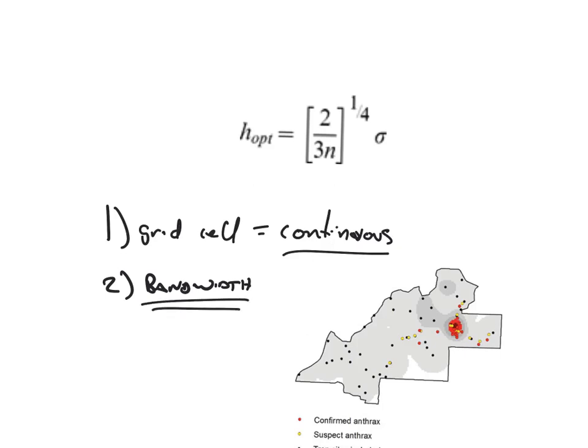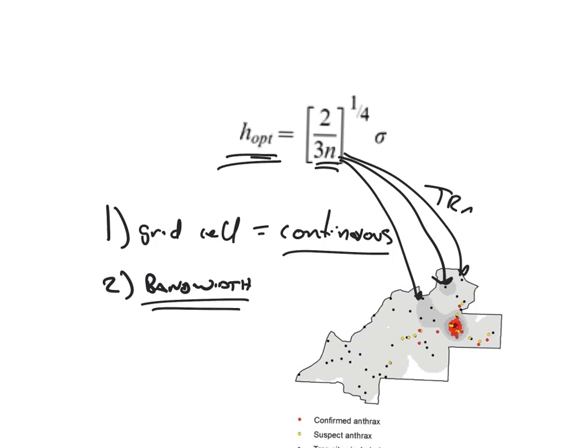And that bandwidth setting can take many forms. One of those forms is what's defined as HOPT, or the optimal bandwidth, and that requires two pieces of information. First, it requires the sample size. That would come from the individual trap locations. We also need to know sigma, which is the standard distance in map units.